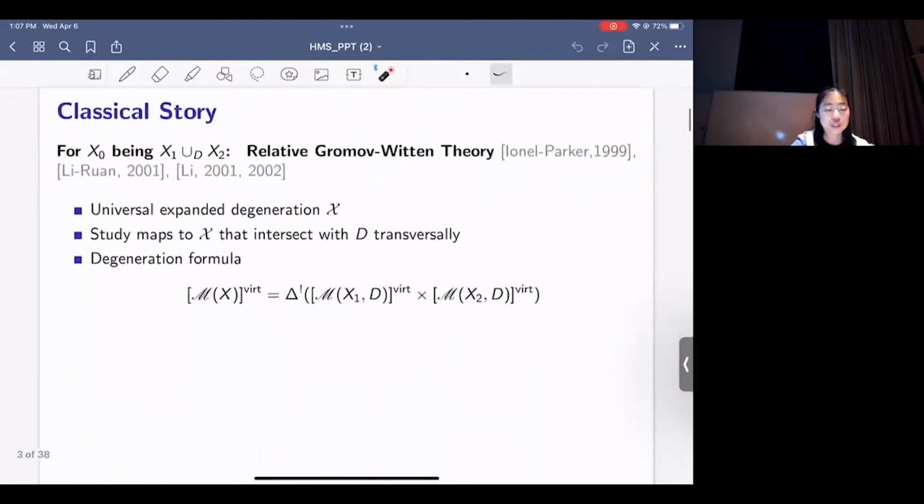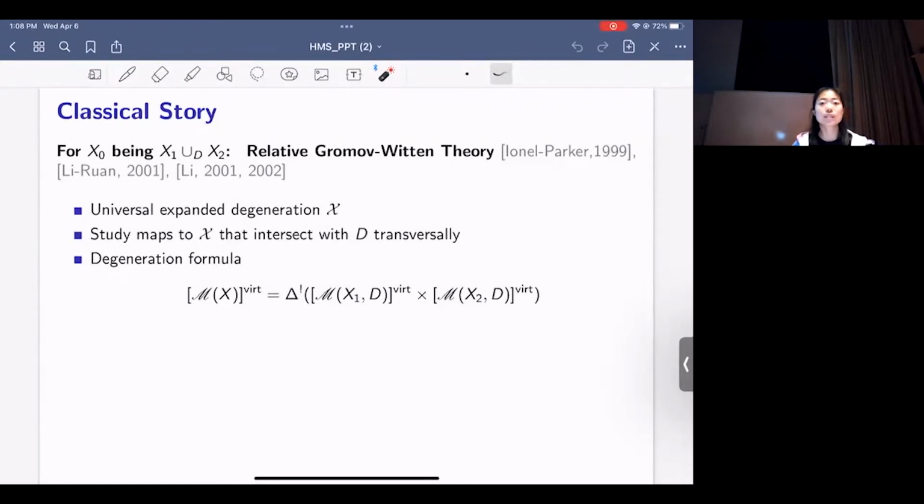Okay. So the classical story of this goes back more than 10 years ago, where the central fiber contains two components glued along a smooth divisor. This is called the relative Gromov-Witten theory. On the symplectic side, it is done by Li and Ruan, and for the algebraic geometry approach, it is done by Jun Li. The way they do it is that they replace the central target with a universal expanded degeneration.